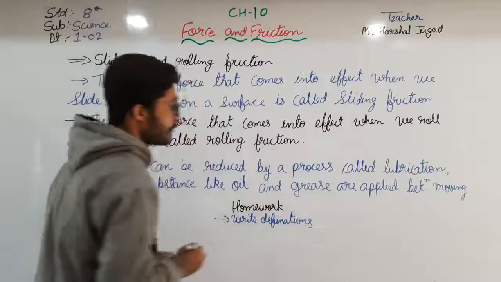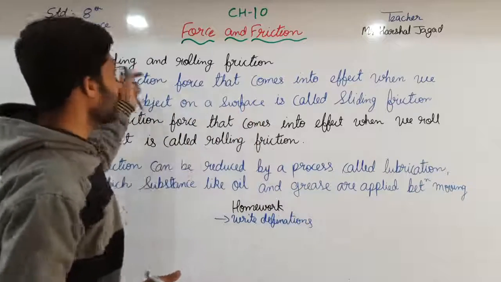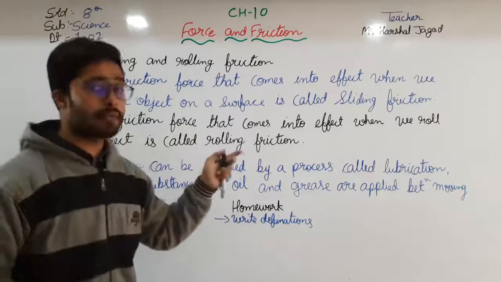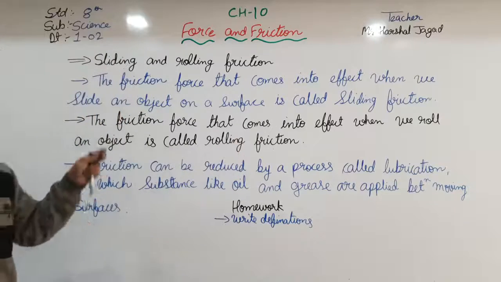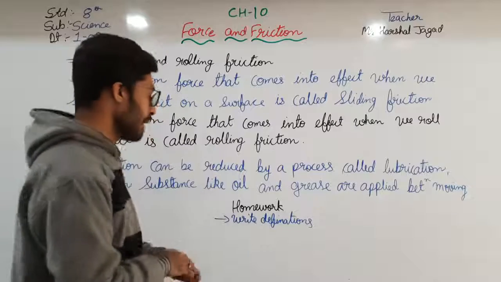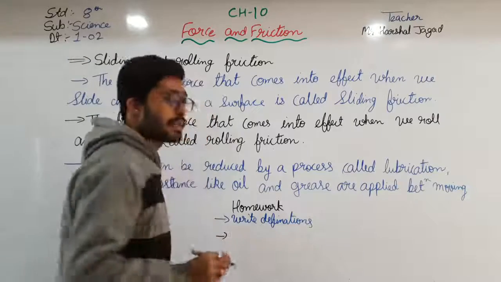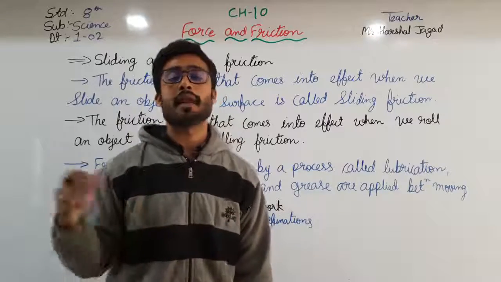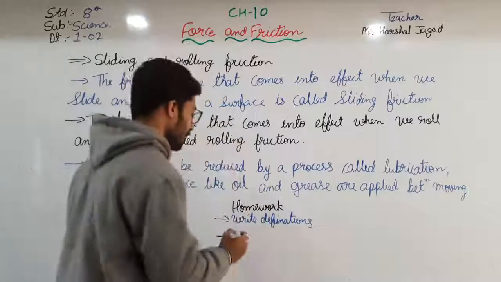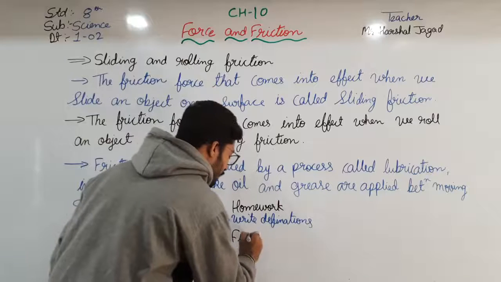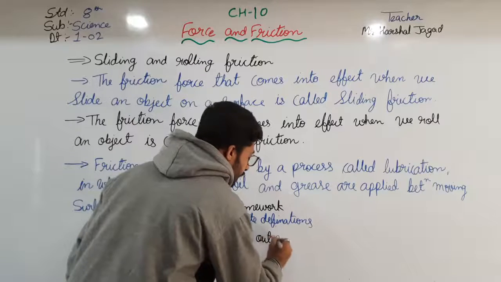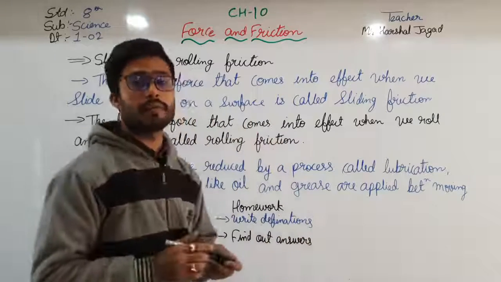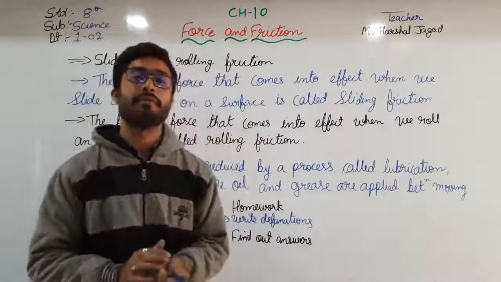Write the definitions of sliding friction, rolling friction, and how friction can be reduced, all the things that we have seen today, and find out the answers of the exercise, because only the last topic is remaining, and then I will write the answers of that. Find out the answers of the exercise objectives. Okay, students, and we will meet in the next video.